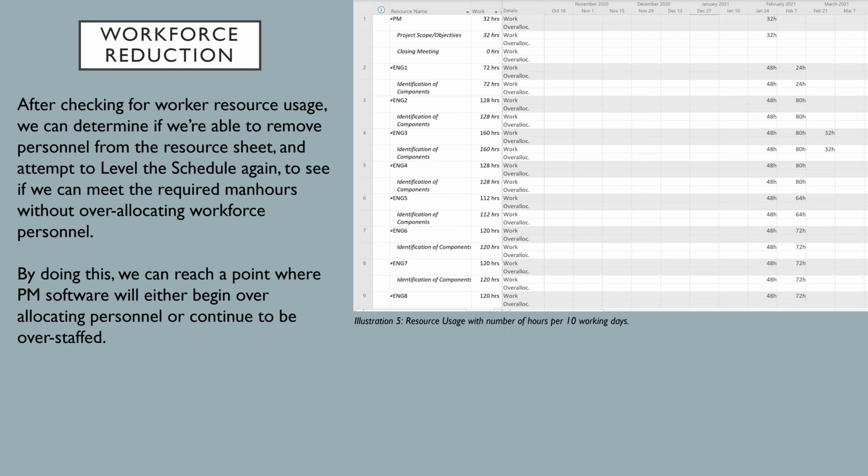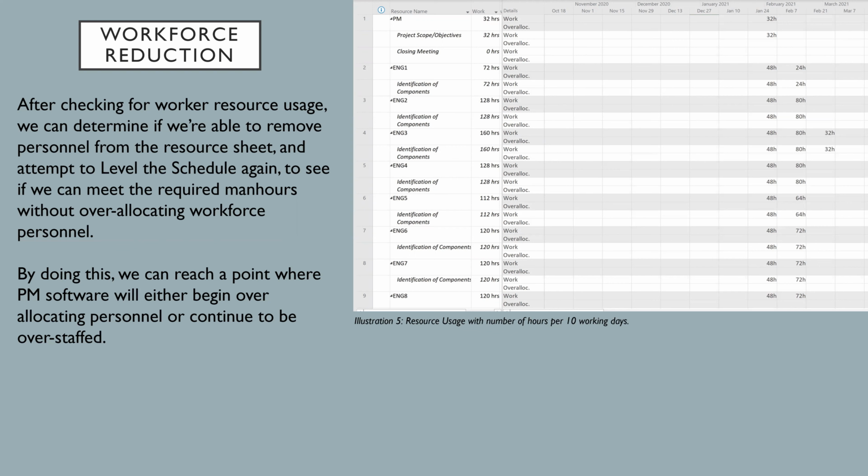And in this case, the first column shows workforce allocation up to 48 hours for 2 weeks. So in this scenario right here, we are overstaffed.